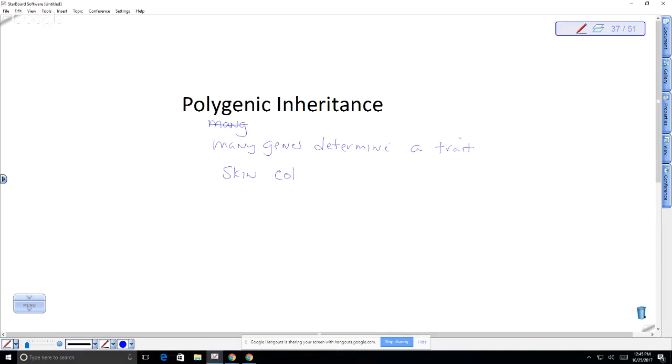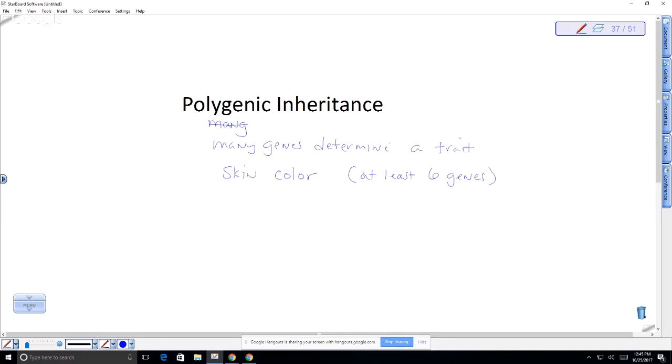I'm just going to use a simple model for skin color. It's more complicated than this. There's thought to be at least 6 genes involved. So it's not a Mendelian trait because it doesn't follow Mendelian patterns of inheritance, because it's polygenic.